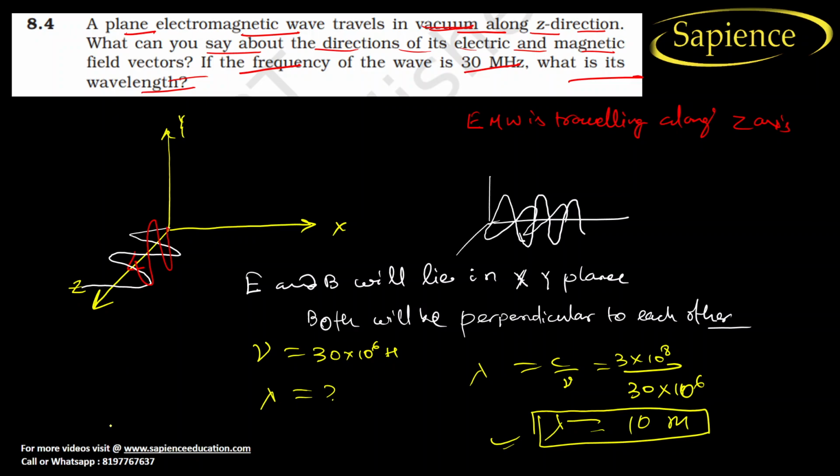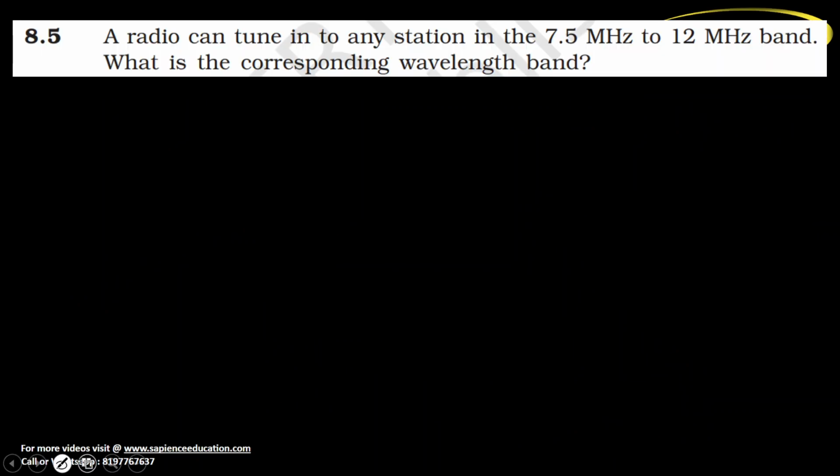Got it? Now let's go for the next question, this is question 8.5. A radio can tune to any station between 7.5 megahertz to 12 megahertz band. What is the corresponding wavelength?